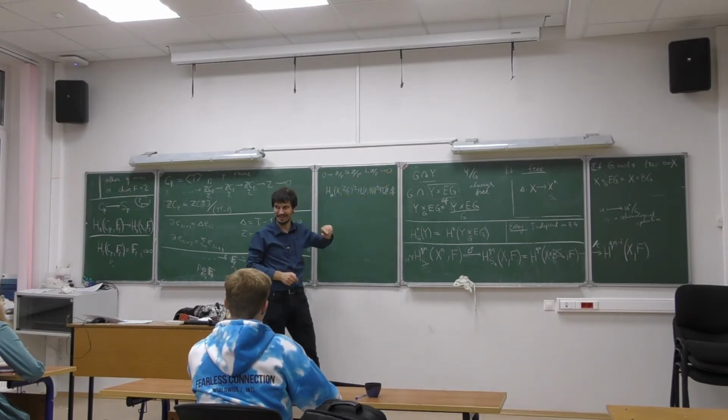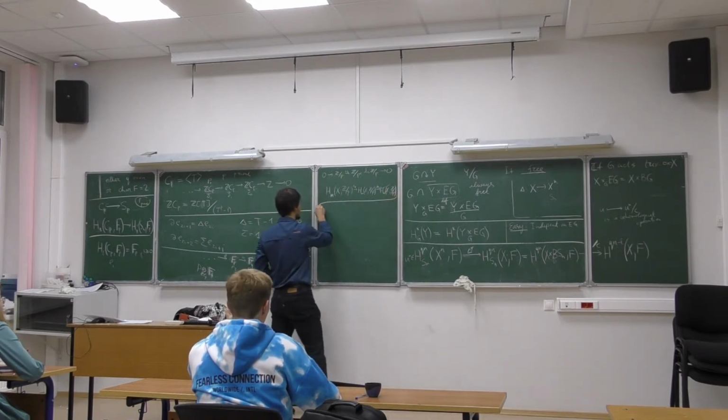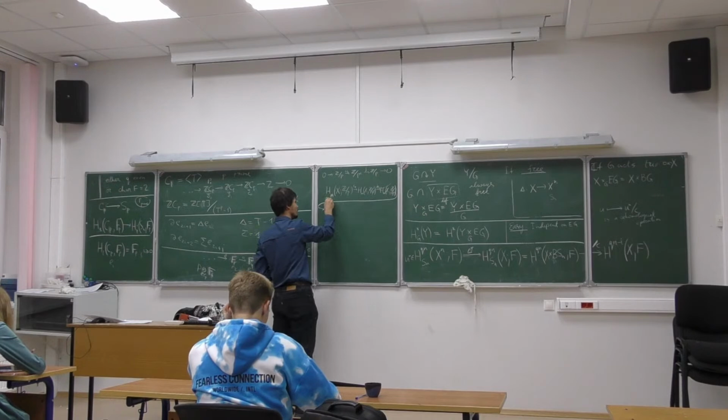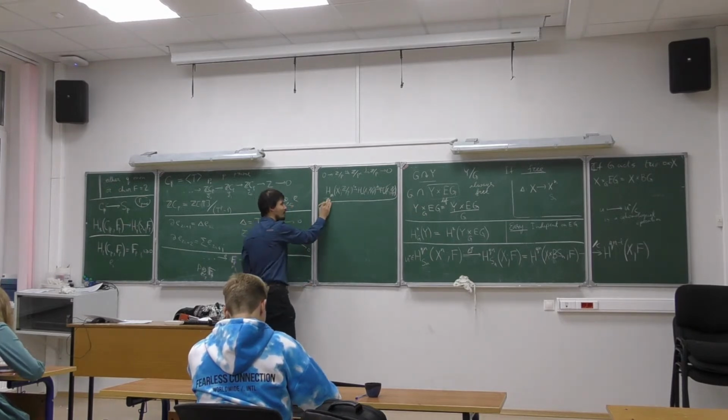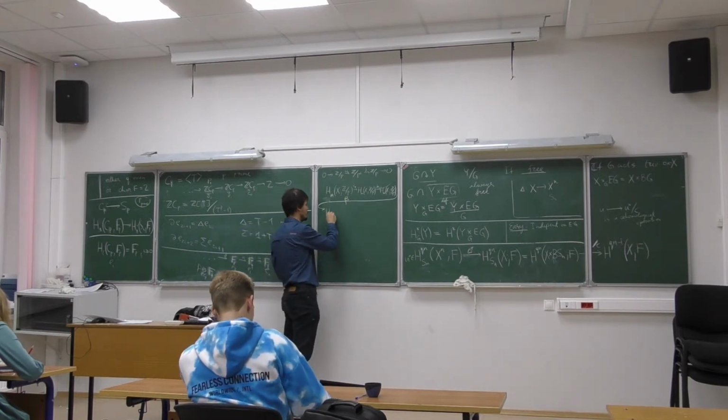And here we have this homomorphism which arises. It is called the Bockstein homomorphism, denoted by beta.